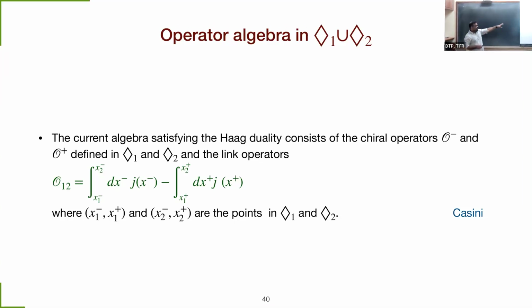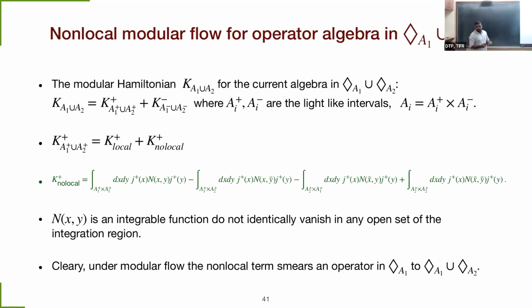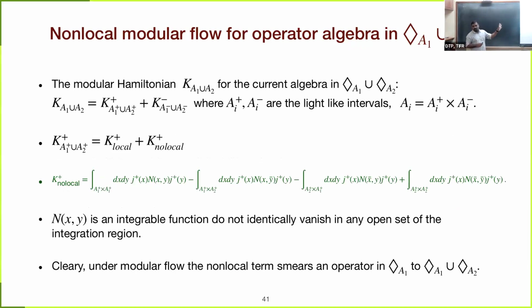For this operator algebra, you can compute the effect of modular flow. In one paper, he computed the modular operator for such cases where you have two intervals. The non-trivial property of such a modular Hamiltonian is that it's no longer local. You have a non-local piece which you can explicitly compute for this chiral theory.